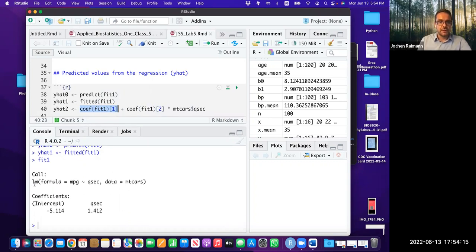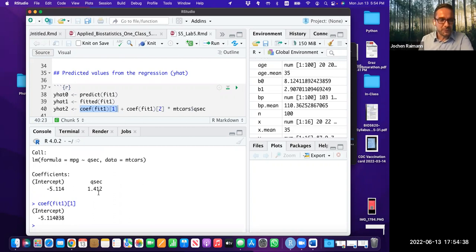You have your linear model, you have coefficients, here you have the intercept, and here you have your second outcome, which is qsec. I'm not sure what that is, to be honest, but I think it's time until, I don't know, acceleration. I'm not a car guy. Okay, so if you go into coef of fit 1 and you indicate here with the brackets 1, it will take the first entry.